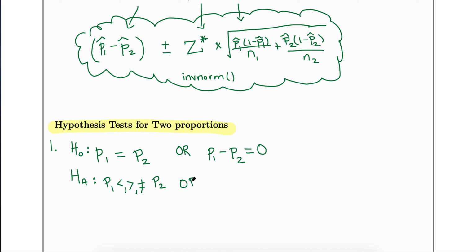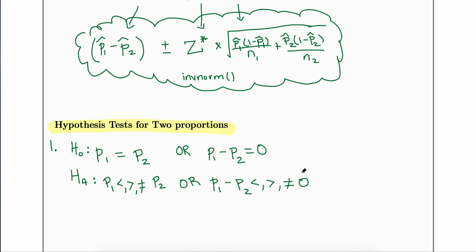HA, similar idea. You could say that P1 minus P2 is either less than 0, greater than 0, or somehow just different than 0.